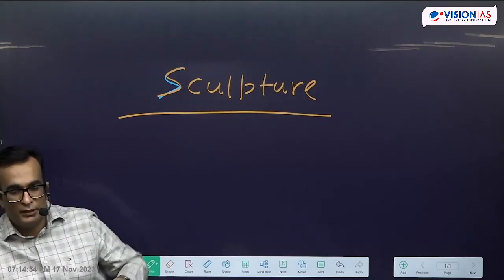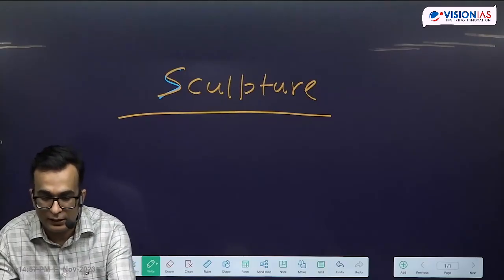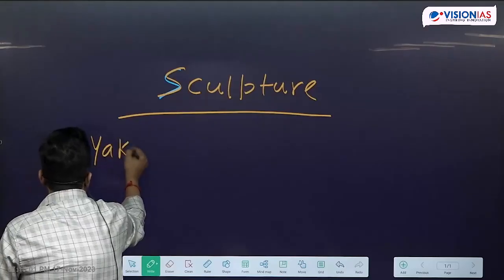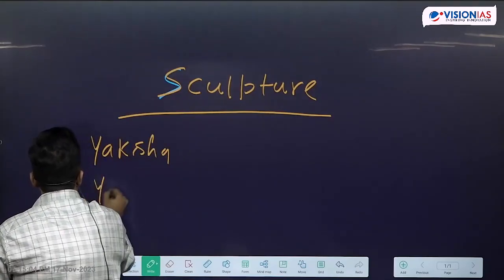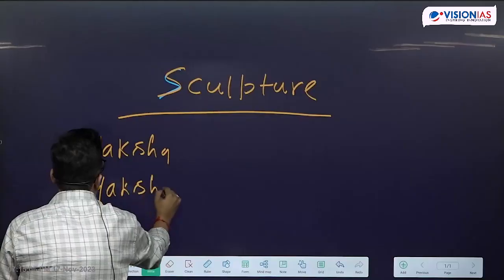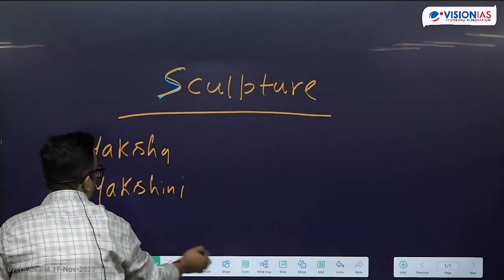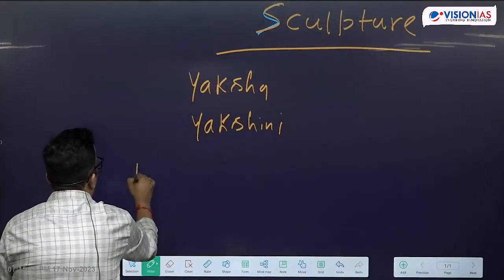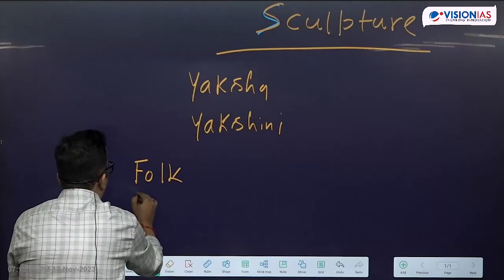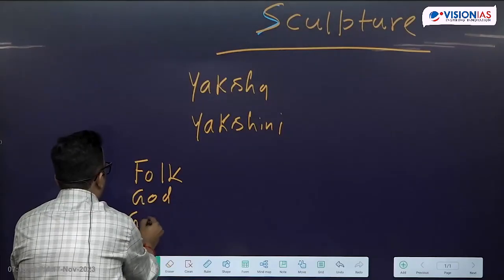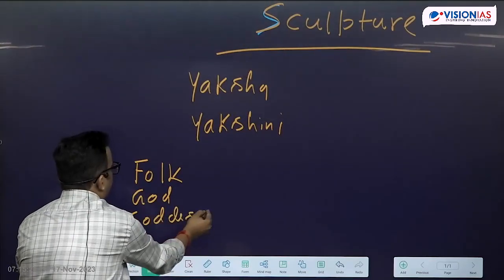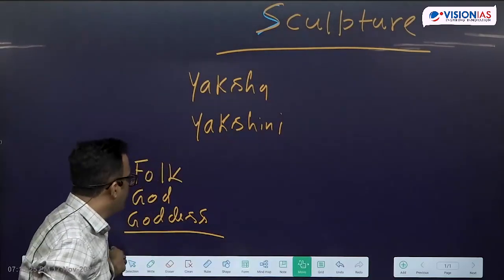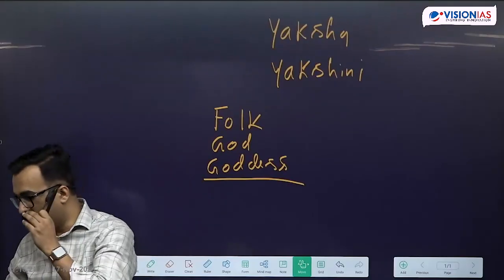So mention, in the Maurya age, sculptures of Yaksha and Yakshini were created. They were folk god and goddess. Full stop.